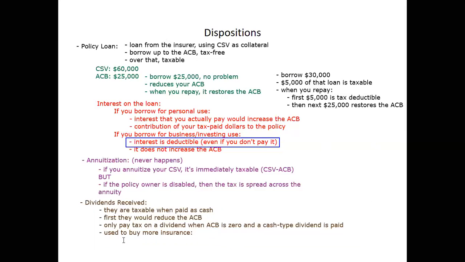Because it's used to buy more insurance, it's a contribution back to the policy, and therefore it's a wash. It's basically an in and out type transaction. So it doesn't increase your ACB, it doesn't reduce your ACB, it just keeps the ACB the same. Kind of like you took the money out and then reinvested it back into the policy.